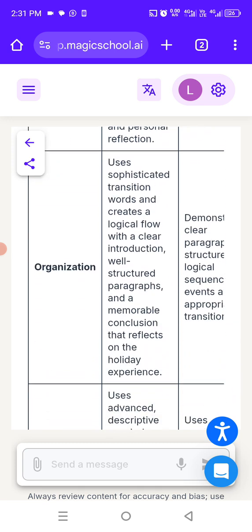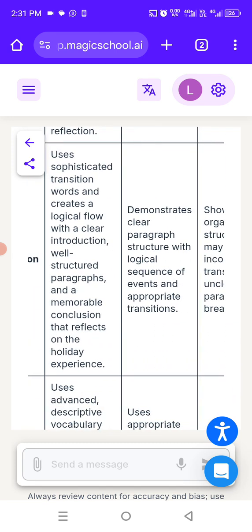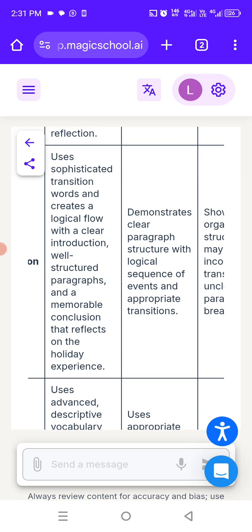So this is a broad picture of what a rubric can help you achieve. It can help you grade whatever work, whether it's homework, assignments, classwork, presentation work, or project work, in a very detailed way that will reflect the true performance of that student, and give you a very good idea on how to score the student's work.